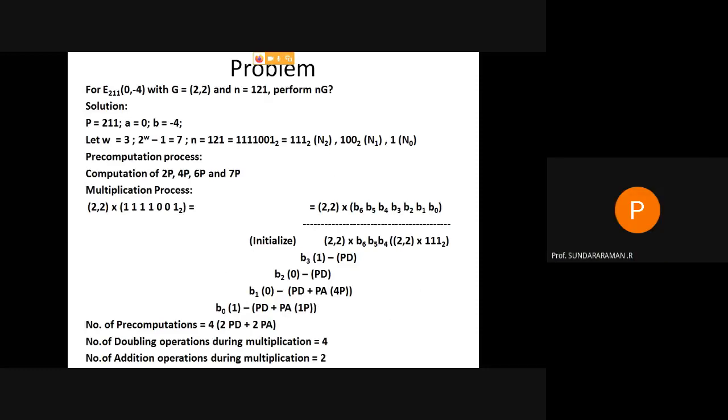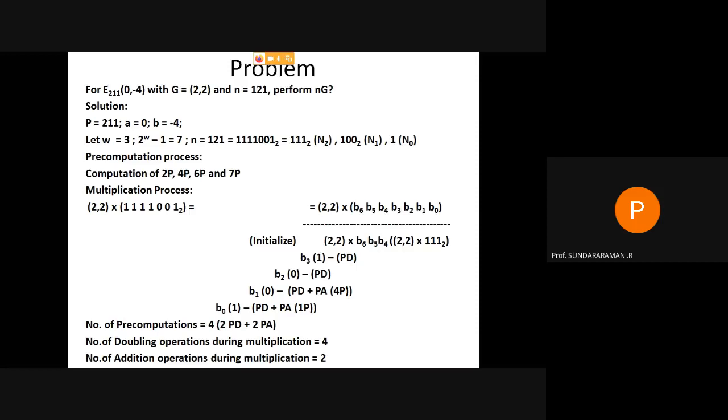This is the problem chosen for understanding this windowed scalar multiplication. For the elliptic curve E_211(0, -4), where a equal to 0, b equal to -4, this elliptic curve can be represented as y^2 = x^3 - 4 mod 211, with G equal to (2, 2).